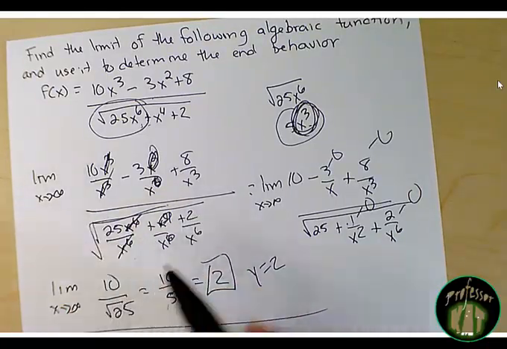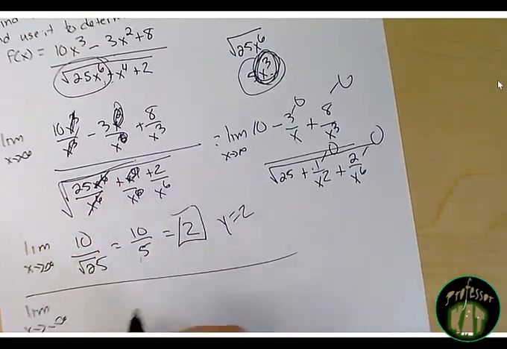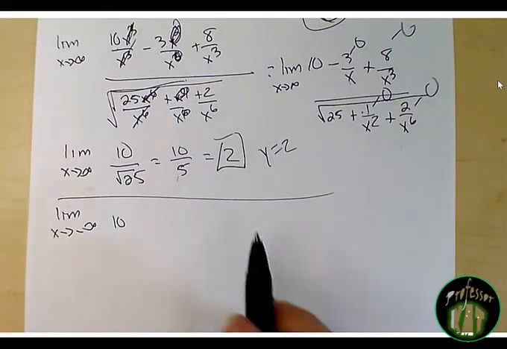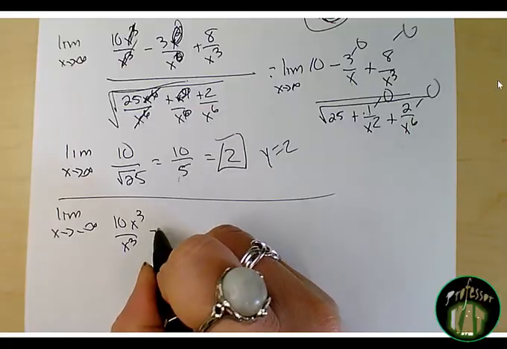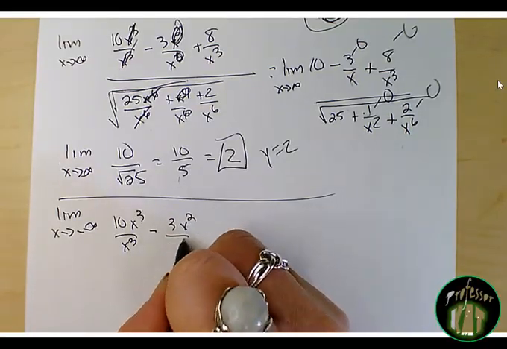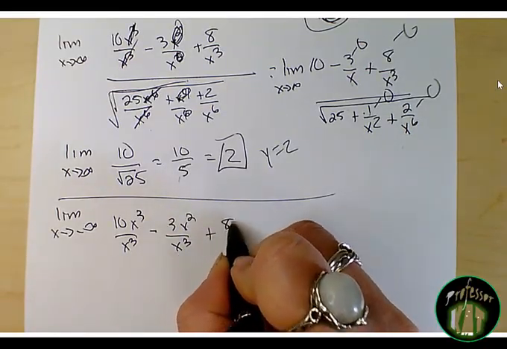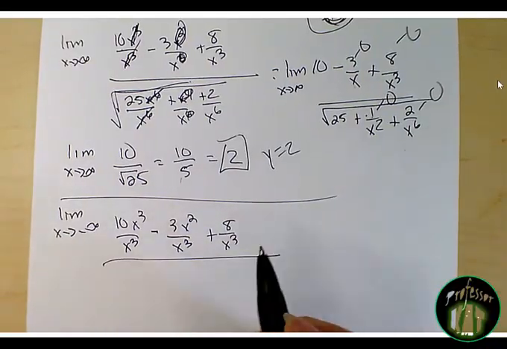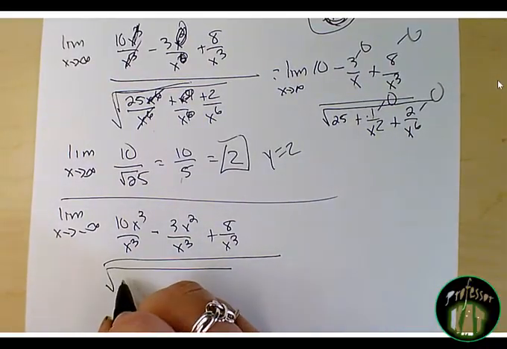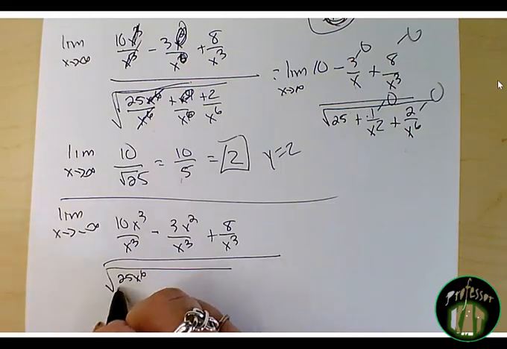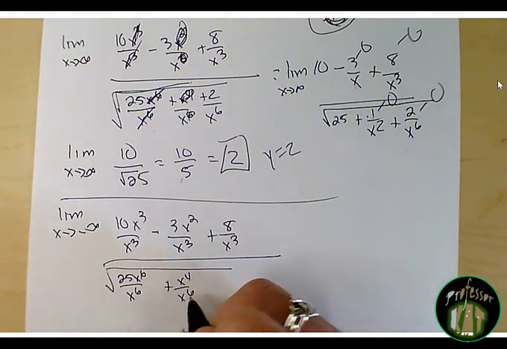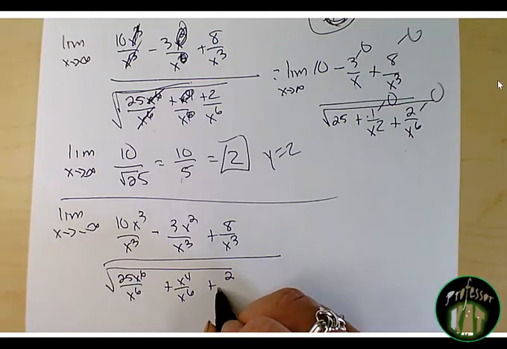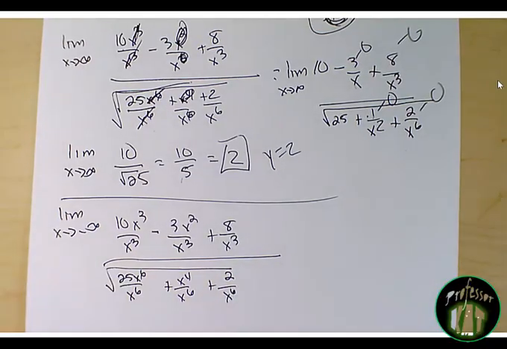The denominator, we're going to set it up in that same way here. We are going to have our 10x cubed over x cubed minus 3x squared over x cubed plus 8 over x cubed being divided by that entire denominator, that 25x to the 6th over x to the 6th plus x to the 4th over x to the 6th plus 2 over x to the 6th.